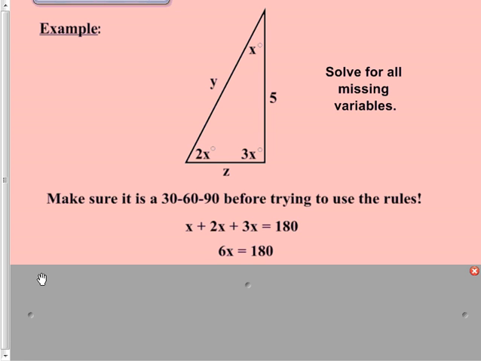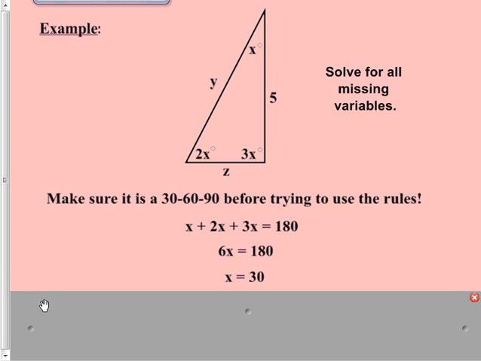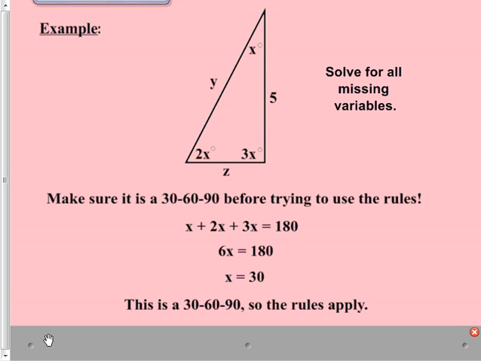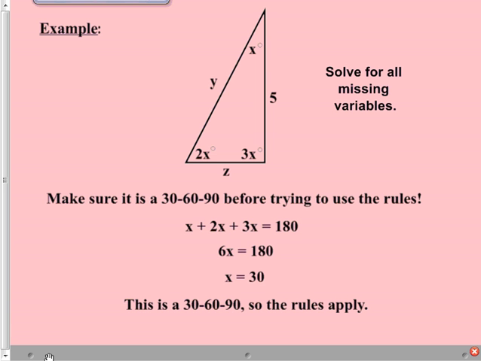Obviously, we don't want 6x, we only want 1, so we'll divide everything by 6, and x is 30. If that's the case, we have a 30-degree angle up at the top. At the lower left, we have a 60-degree angle, and at the lower right, we have a 90-degree angle. So yes, we do have a 30, 60, 90. So yes, we may use these rules to try to find out what's going on with y and z.